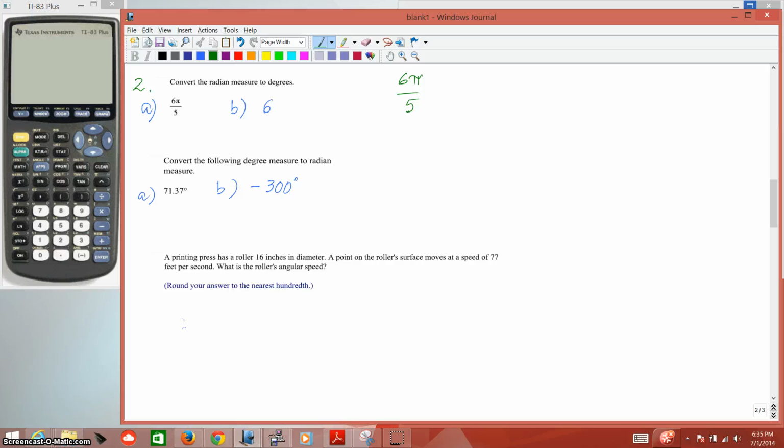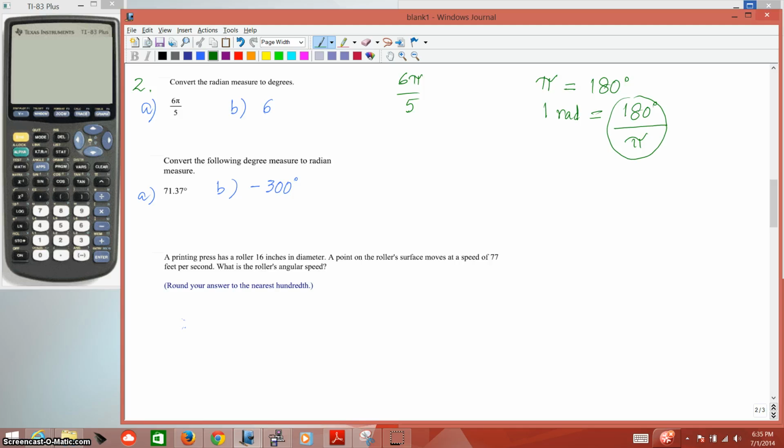Since it's in radians, I want you to start with the very basic relationship, which is pi equals 180 degrees, so that you do not make any mistake in thinking about the multiplier. So 1 radian will come out to be 180 degrees over pi. You are dividing both sides by pi, so that's the multiplier you need to consider.